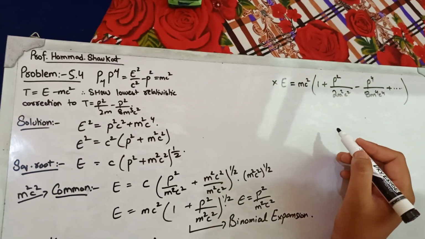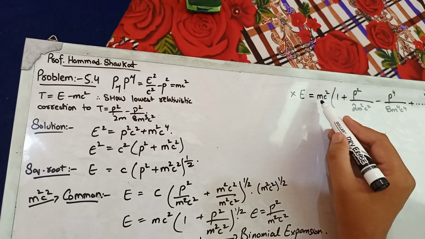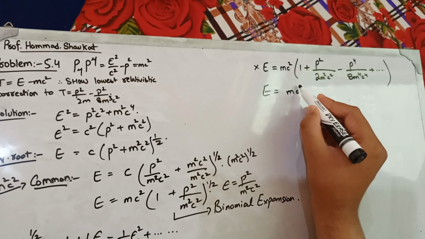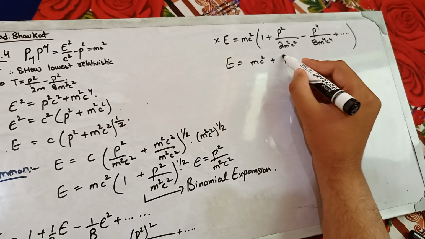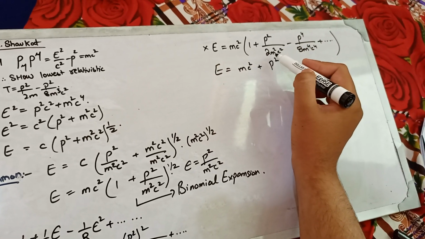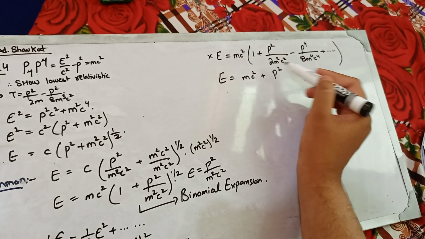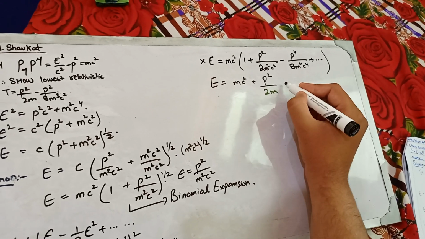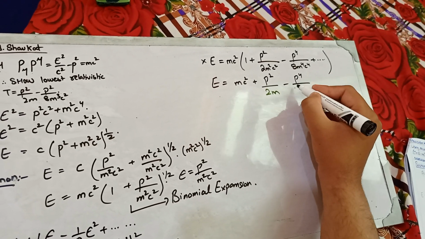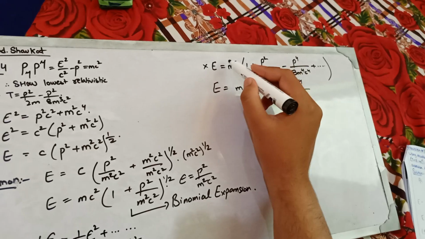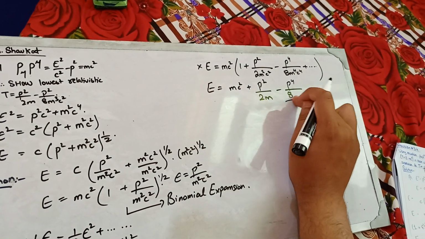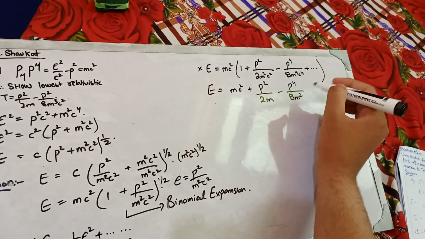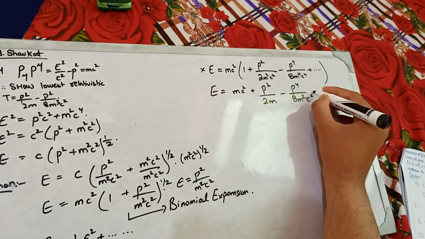Now you just have to multiply mc² inside. You will get mc² plus p²; m cancels with one m, and c² cancels with c². You will be left with p²/2m minus p⁴ divided by 8, where m cancels with one m, leaving m³, and c² cancels with c⁴, leaving c².